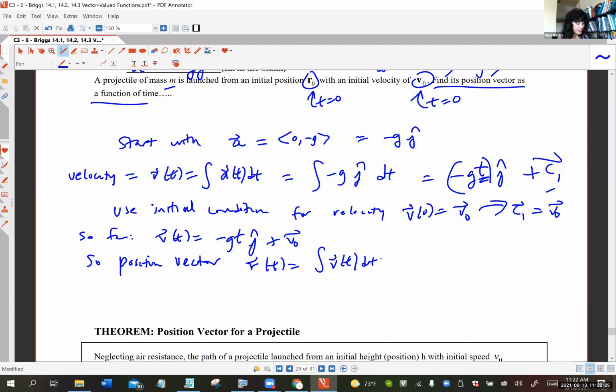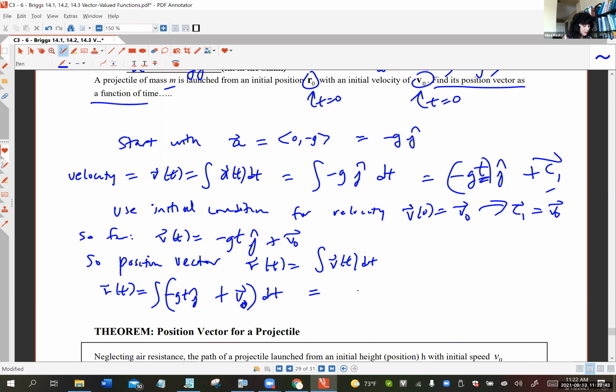So r of t is going to be the integral of negative gt j hat plus this initial velocity, we're calling it v naught, and integrate with respect to time.